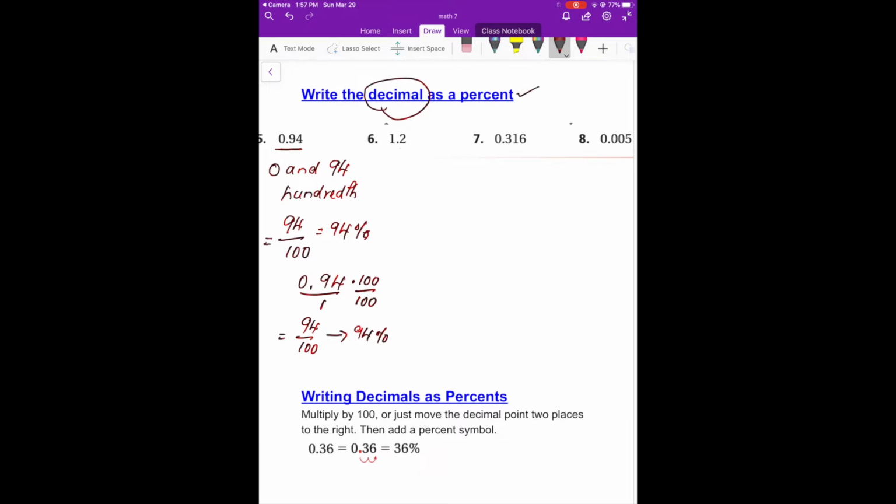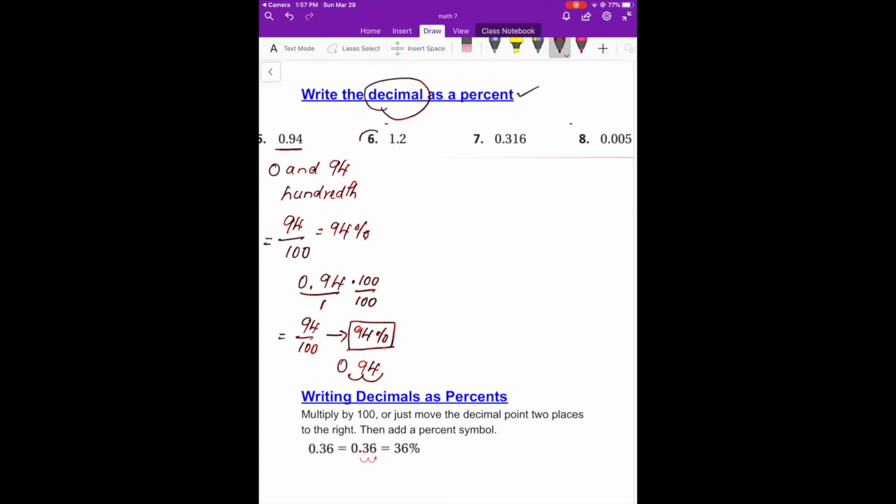Or you can just move the decimal over twice to the right. 0.94. If you want 100 in the denominator, you make 100 in the numerator, so that means you move twice to the right. So the answer would be 94 hundredths, or 94%.